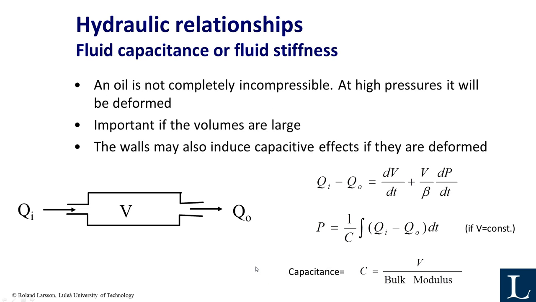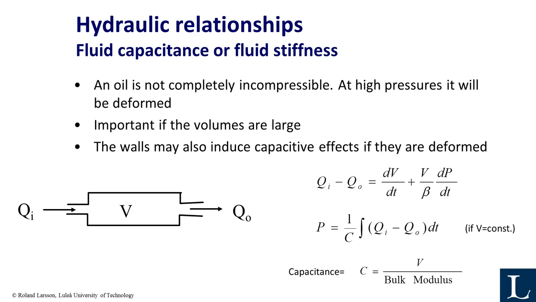The third one, the capacitive type of relationship, comes from something called fluid stiffness, or maybe also wall stiffness of the system. But let's stick to the fluid stiffness. Even though we normally use oil in hydraulic systems, and oil is very difficult to compress, it is not completely incompressible.